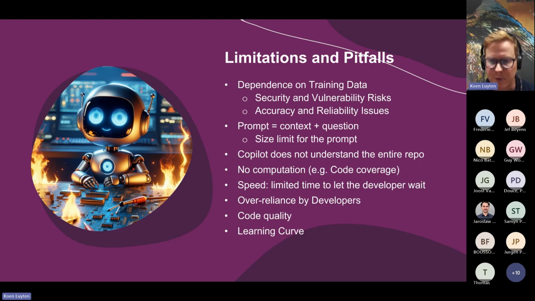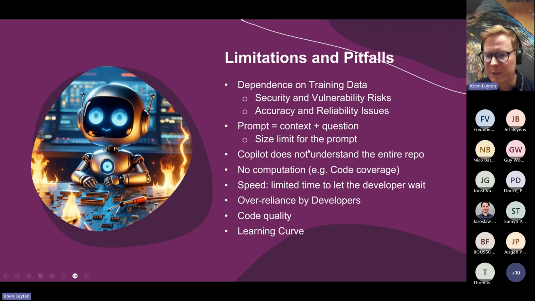So again, it's your responsibility as a developer to be aware of that, and you still need to know your métier, like they say in French. You're still a developer. It's not something that can be outsourced completely to a large language model.